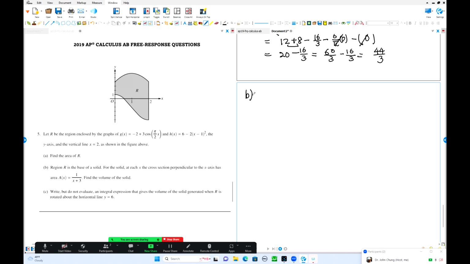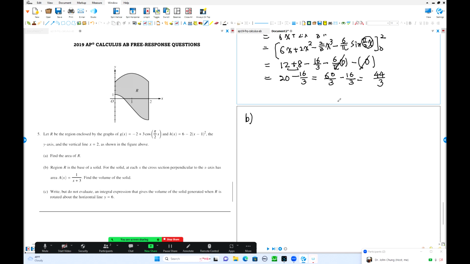Cross section is perpendicular to the x-axis. I'm going to write it down this way. We're going to build this way. This is the bottom base.